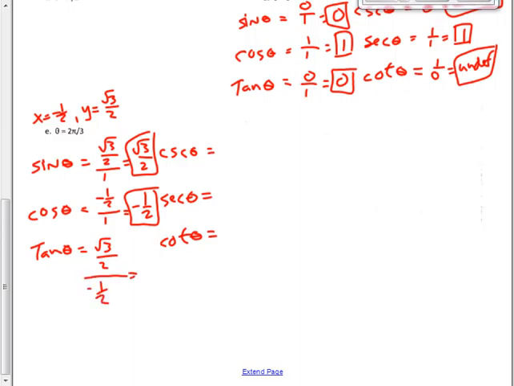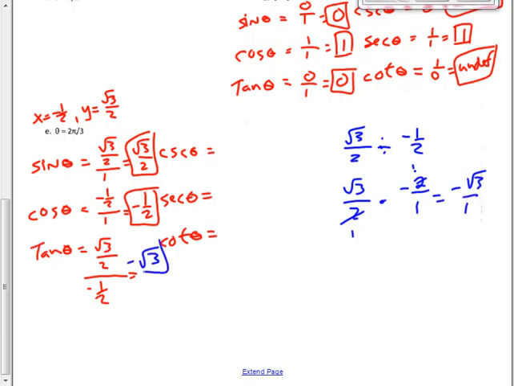Well, when I do that, the work for it, I'll do the work, eventually I won't. Divided by negative 1/2. Flip and multiply. 2's cancel, and I get negative square root of 3. They cancel and become 1s. On top I get negative square root of 3. You can put it over 1 if you want, but negative square root of 3 is the tangent.